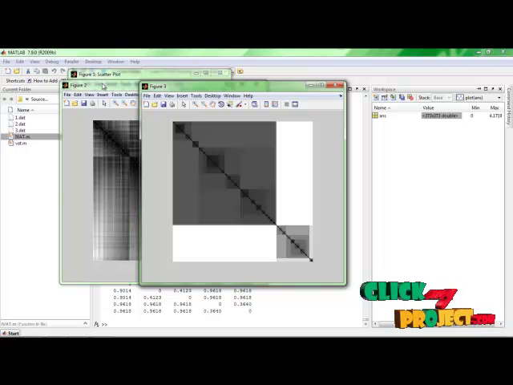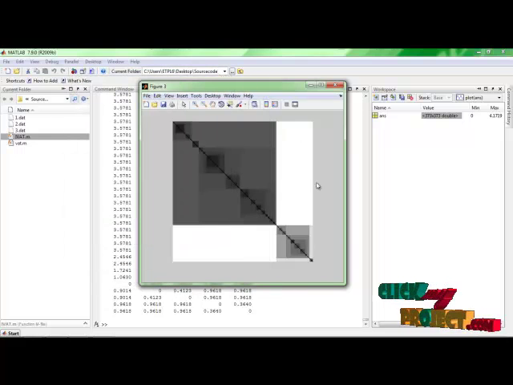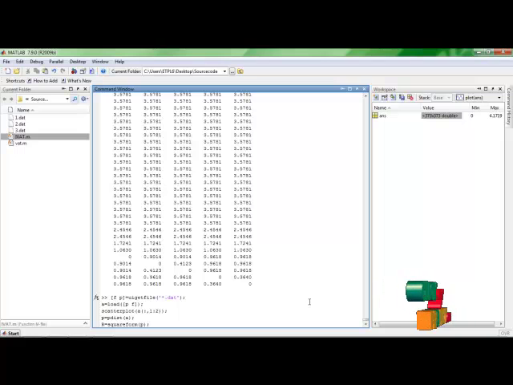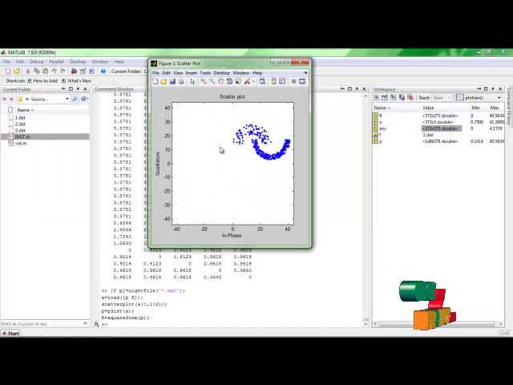Now I give the commands for the VAT algorithm. Here I am giving the input 2.dat. This input is given to the VAT algorithm.